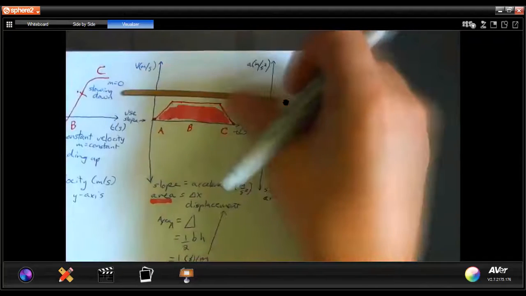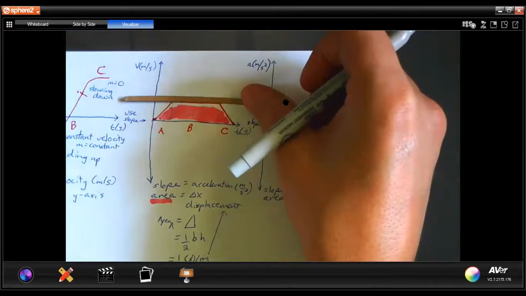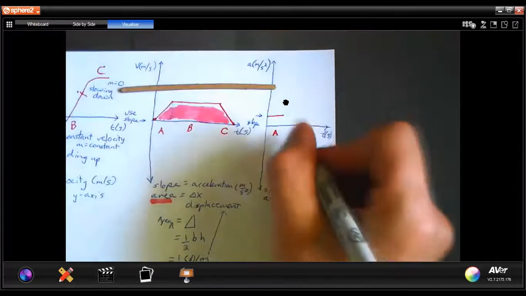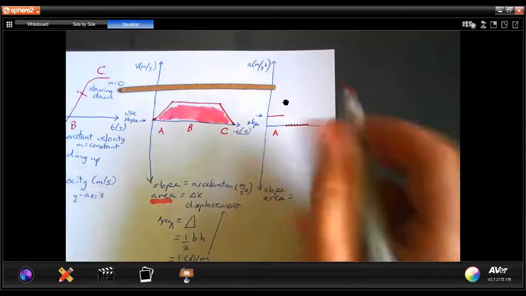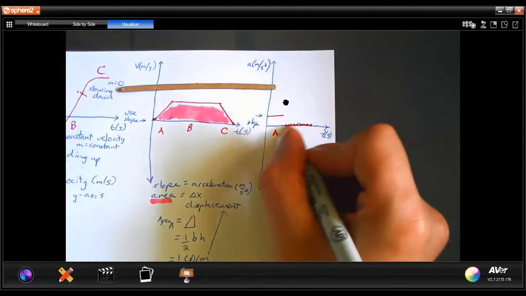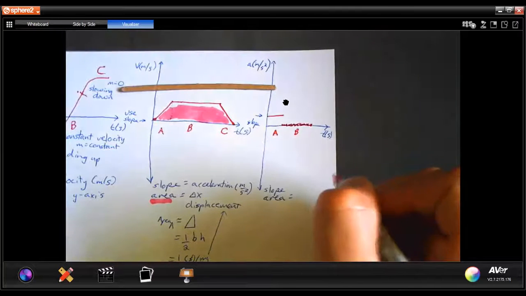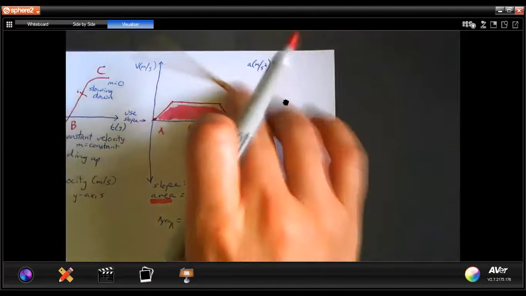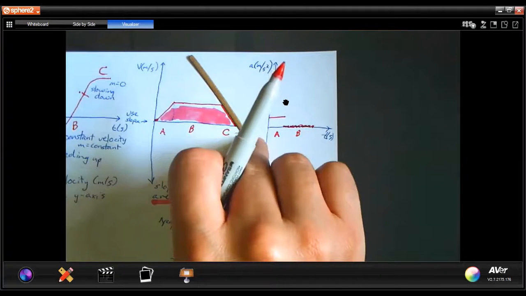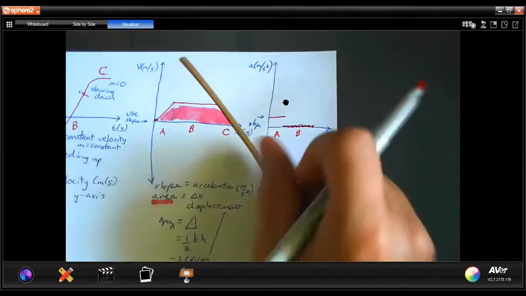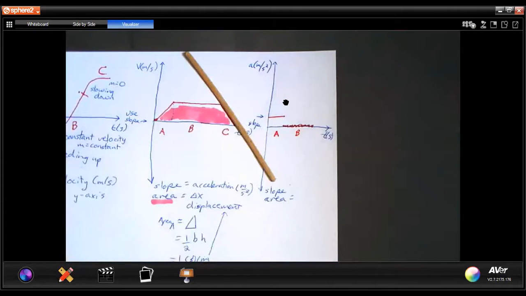In B, we have a very flat line. It is a 0 slope. It's going to be right here. This is B, and this is not to scale, but I'll label it. That's B. And then C, we have a downward facing slope. This is our first downward facing slope. But if it's downward, the steepness is downward.